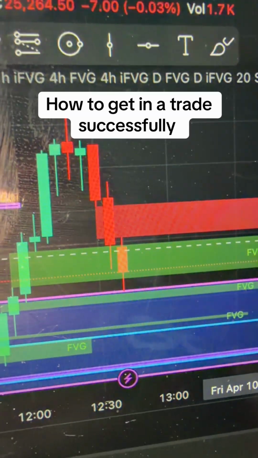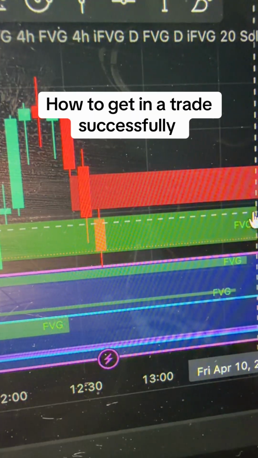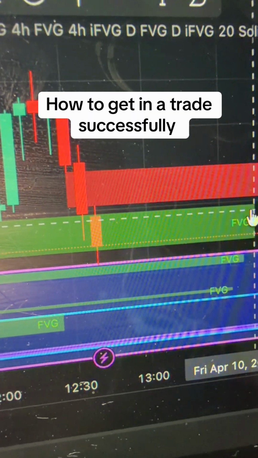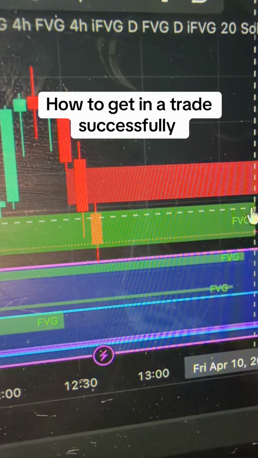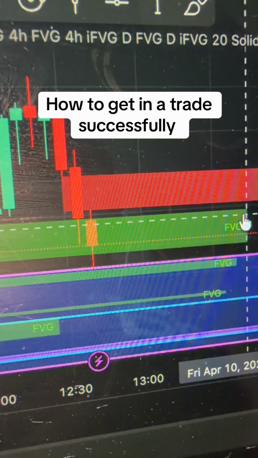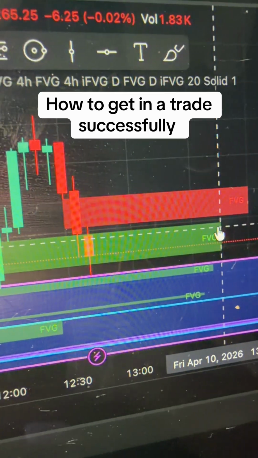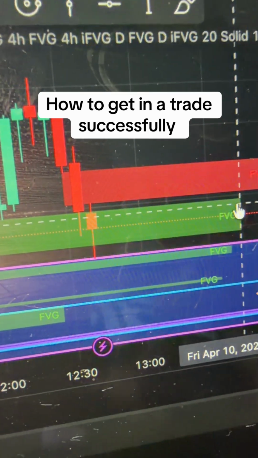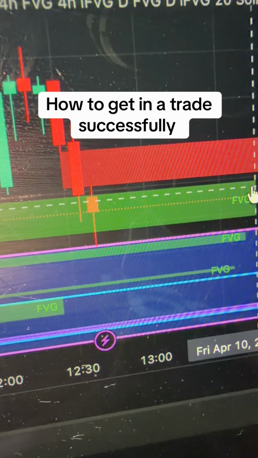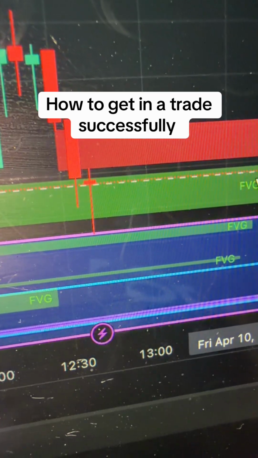But I'm waiting for the next candle to open up because I want to see where exactly it's going to open up. Is it going to be outside of the zone? Those are your more preferred.